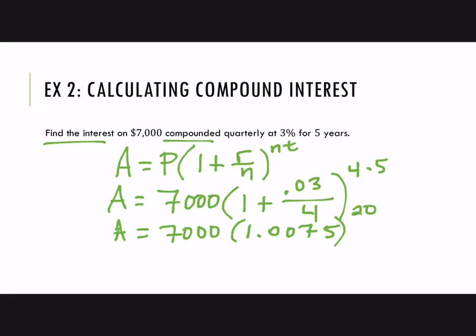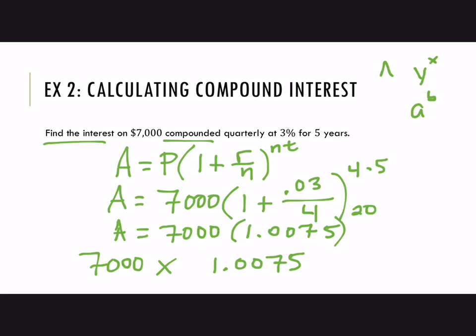Then entering this in the calculator, we would just do 7,000, and then you can either do times or just the symbol for parentheses depending on your calculator. Since we've worked this all out, I guess you don't even really need the parentheses. And then there's usually an exponent key. Look for something that's either a little caret or maybe y to the x or a to the b, something like that.